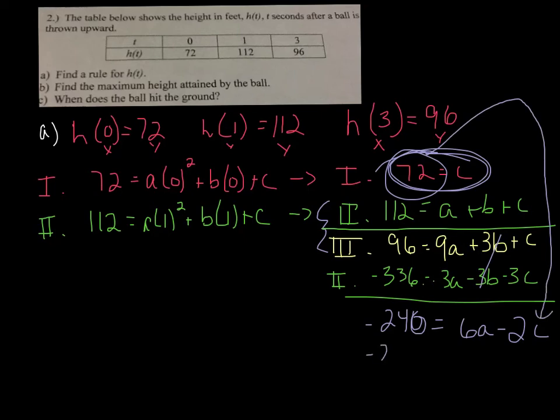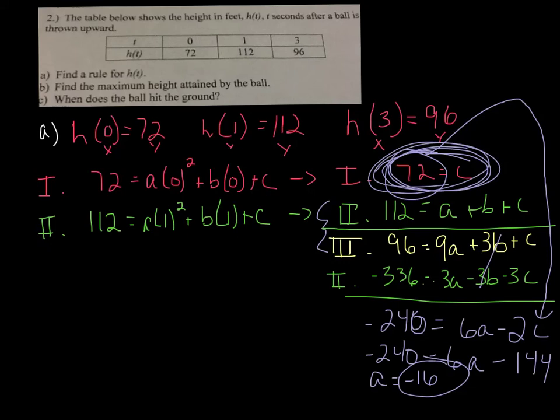So, negative 240 equals 6A minus, what's 2 times 72? So 144. So what does A end up being? I think after you do the algebra, A is negative 16. And now that you know A and you know C, pick one of your equations.